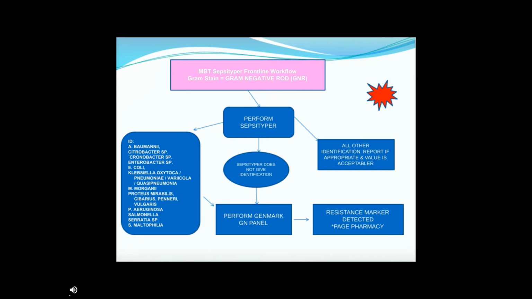If we find any resistance markers, then we do page pharmacy. If there are no markers, then there is no page to pharmacy. Any other identification that is not in that bubble that you see, we do not go any further. It does not go on the molecular instrument. And again, it has to be above that 1.8 in order for us to identify it and put it into our system, and then we do not go any further.